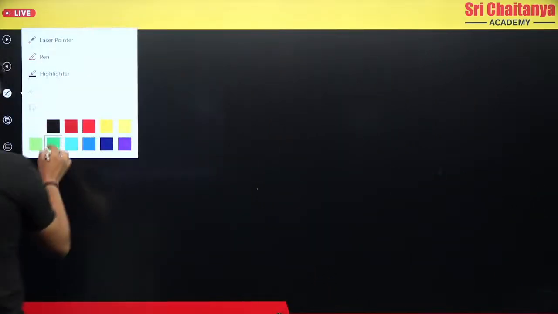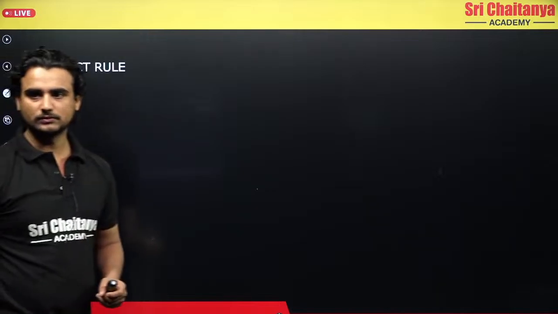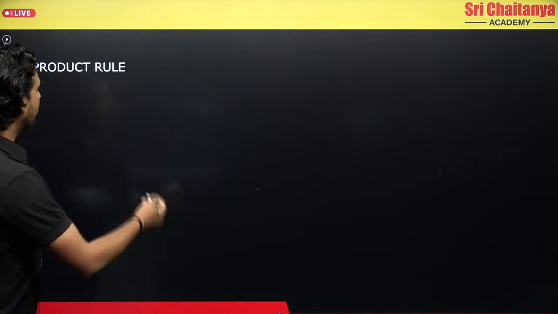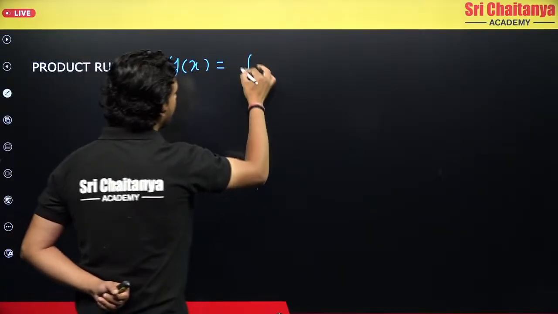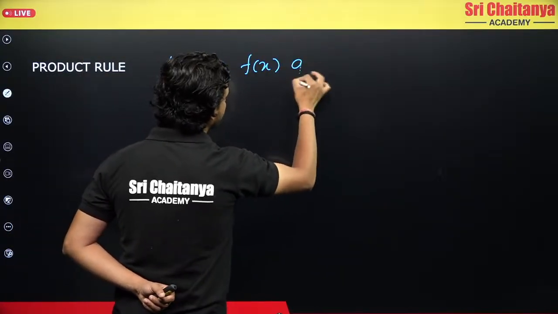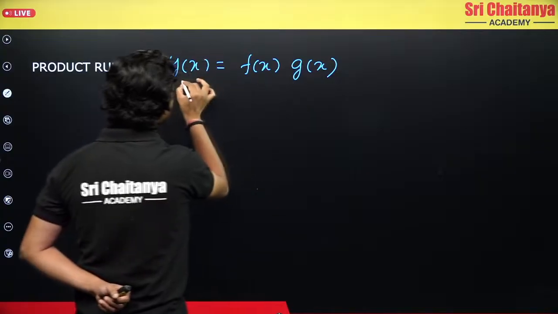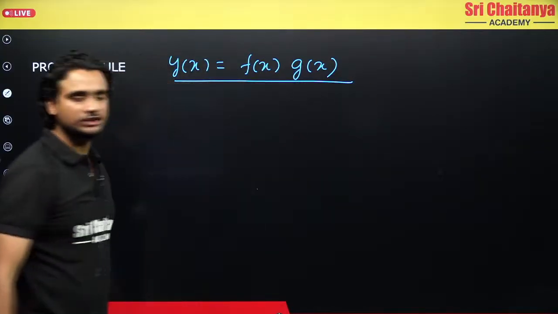Next, I have the product rule. So what is the product rule? When I have y(x) equal to f(x) into g(x), I have two functions which are in multiplication with each other.